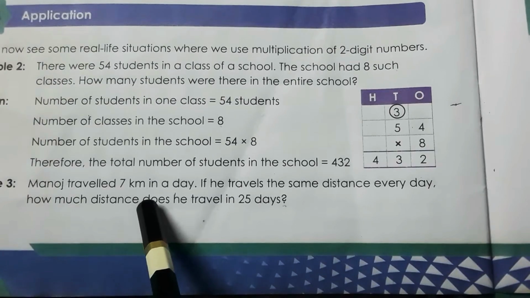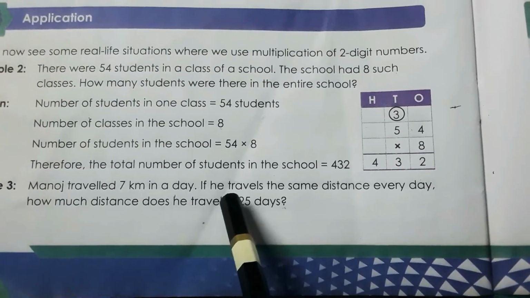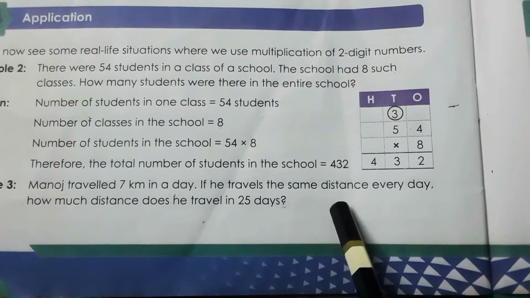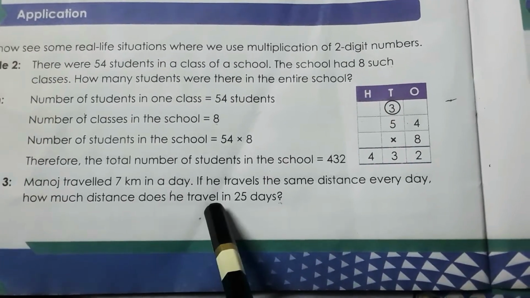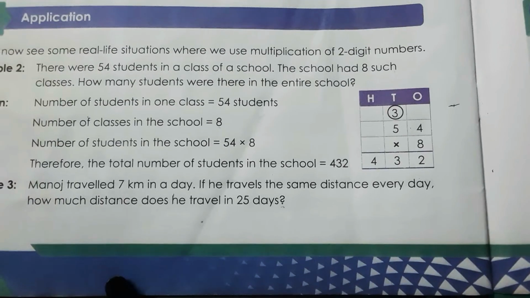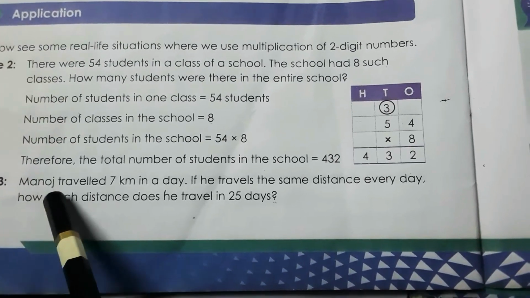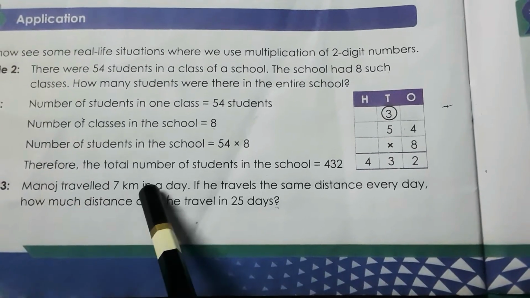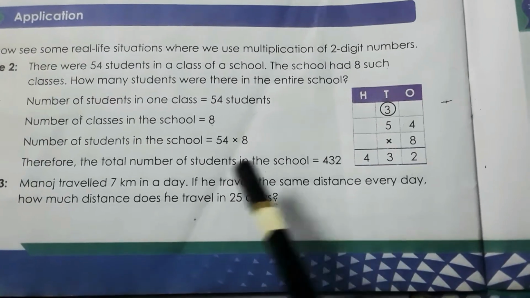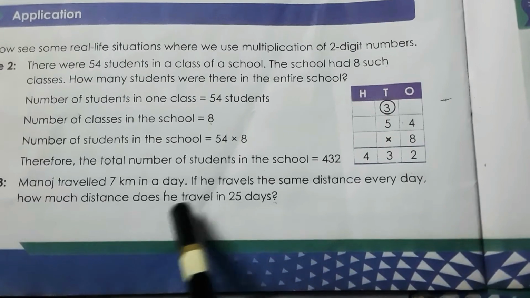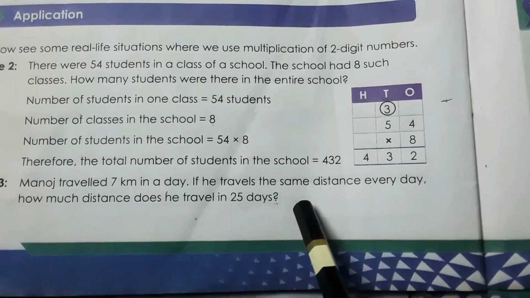Manoj travelled 7 kilometers in a day. If he travels the same distance every day, how much distance does he travel in 25 days? Question once again. Manoj travelled 7 kilometers in a day. If he travels the same distance every day, how much distance does he travel in 25 days?